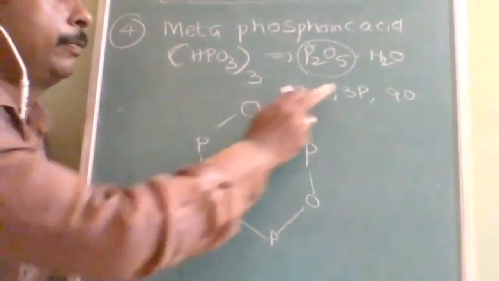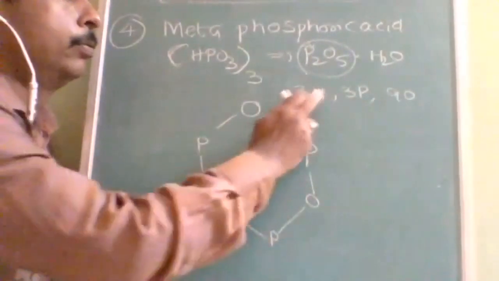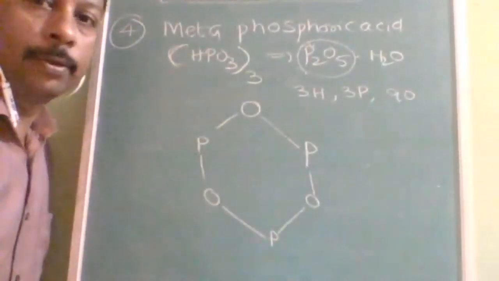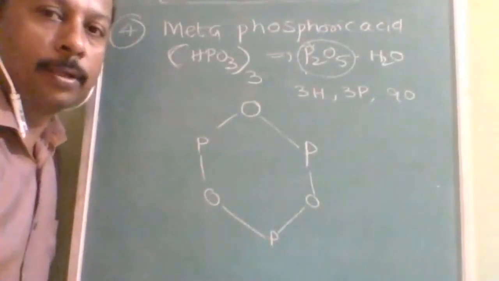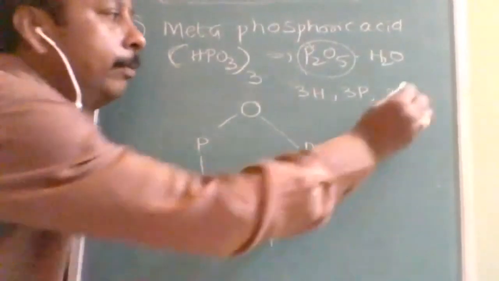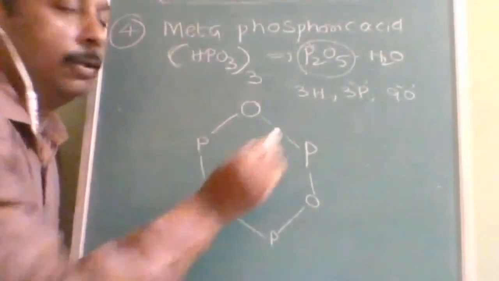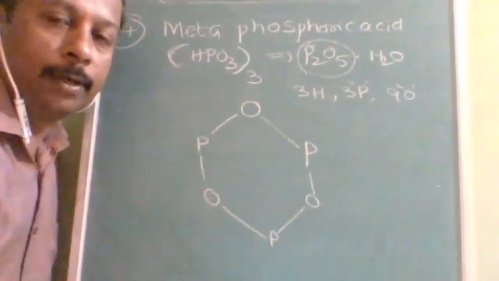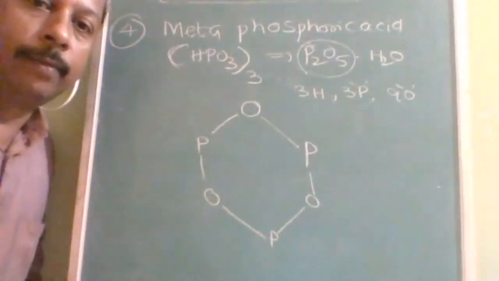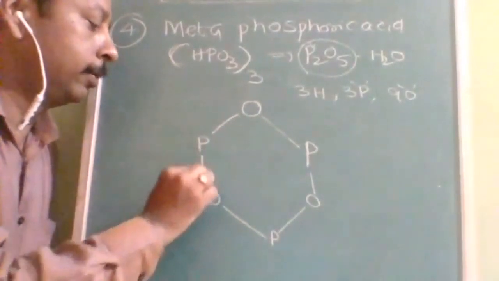Out of which 3 phosphorus we have used, 3 oxygens we have used. We got 6 more oxygens. What to do with them? Oxygen cannot take another oxygen, so obviously we have to give them to phosphorus.